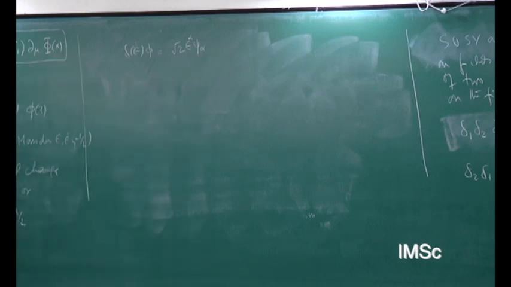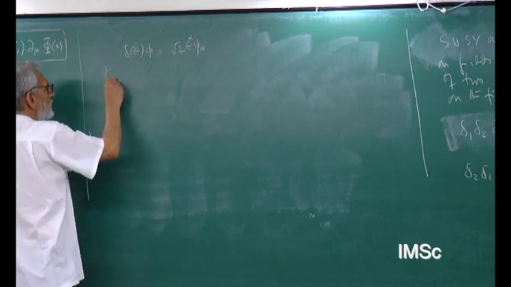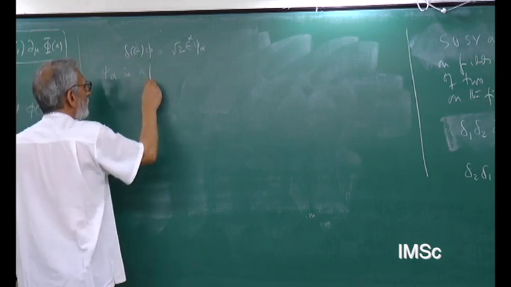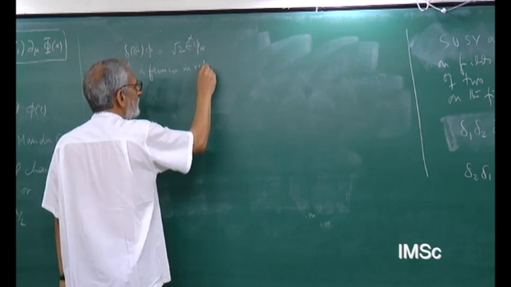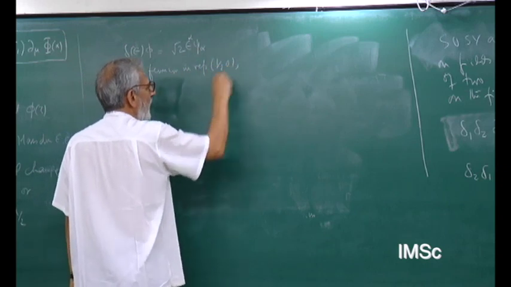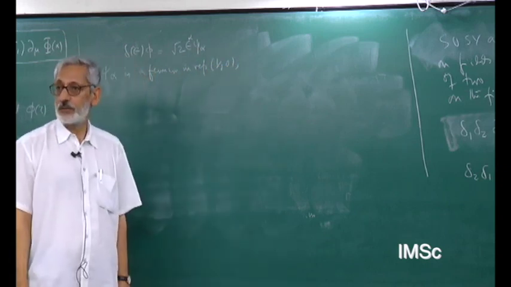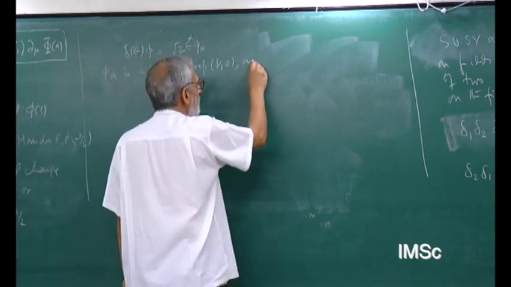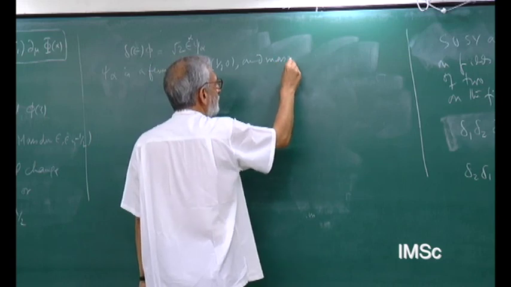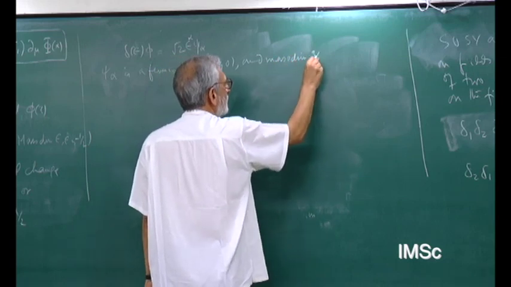Now, I put a psi there, psi alpha, so psi alpha is a fermion in the representation half, 0 of the Lorentz algebra, and mass dimension 3 half.